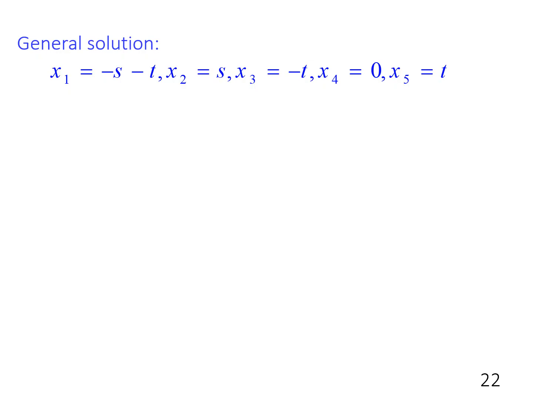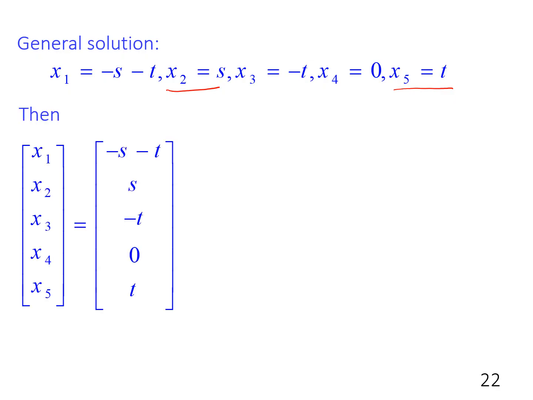Here is the general solution of the system of linear equations. We can see that x2 and x5 are free variables, and therefore x2 is equal to s and x5 is equal to t, for any real numbers s and t. And x1, x3 and x4 depend on the values of s and t.